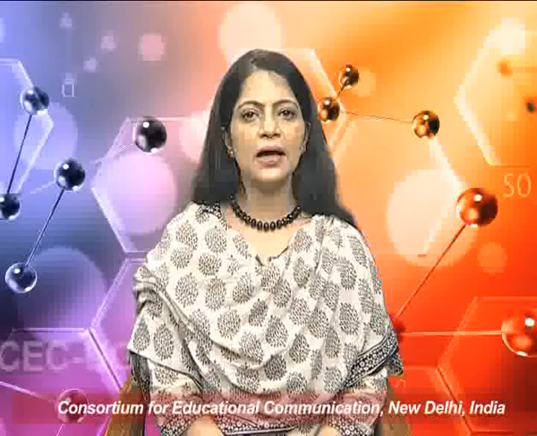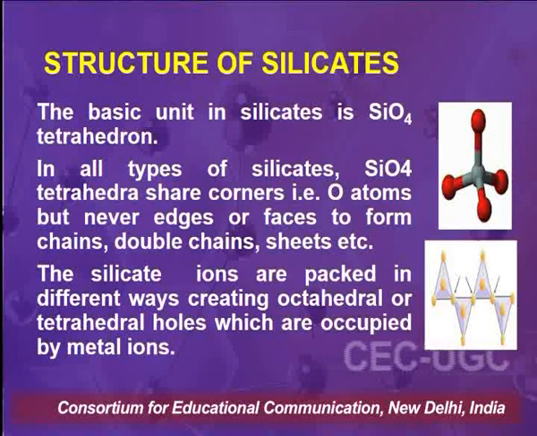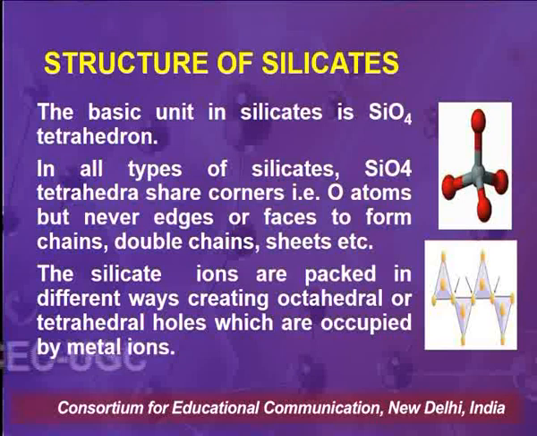The silicate ions are packed in different ways, creating octahedral or tetrahedral holes which are occupied by metal ions.